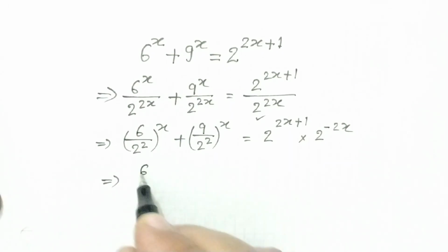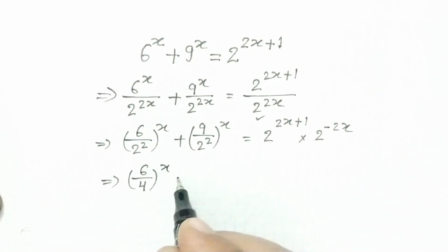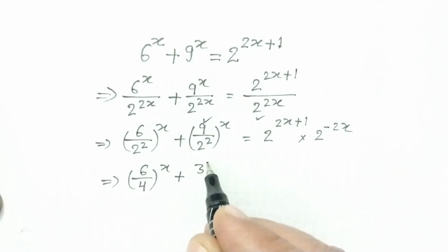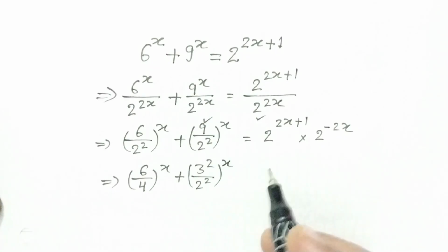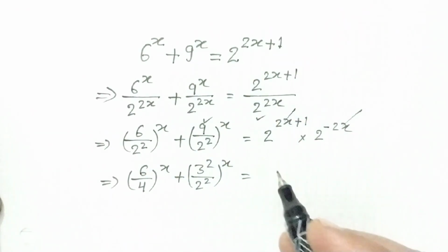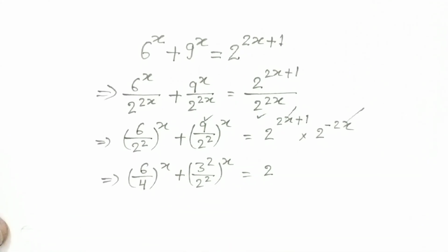Now 6 over 2 square, 4 to the power x, plus 9 as 3 square over 2 square to the power x is equal to, this and this get cancelled out. So we have remained 2, right?